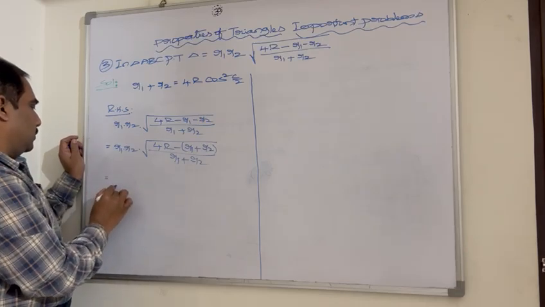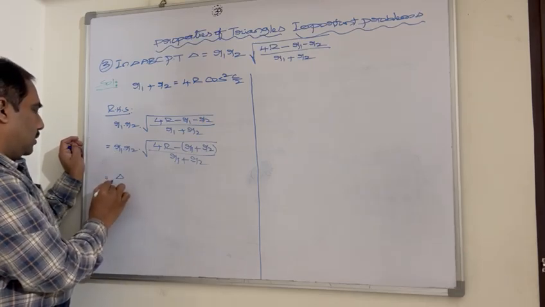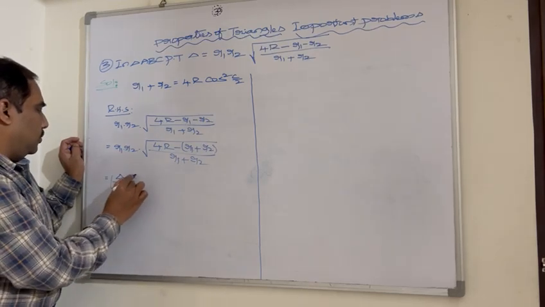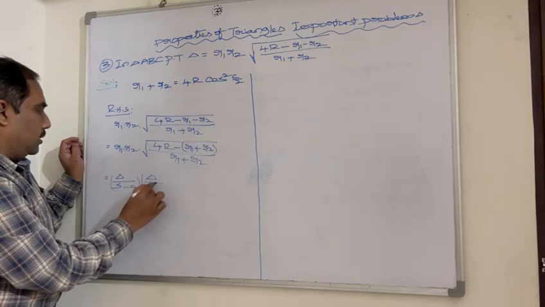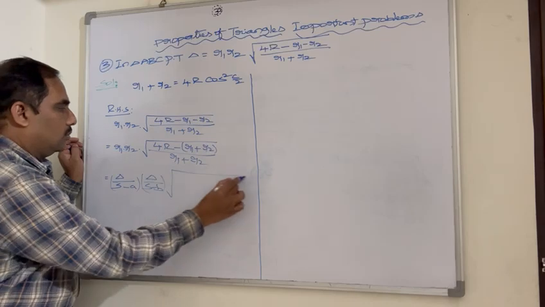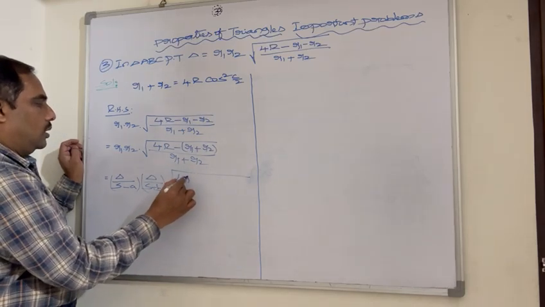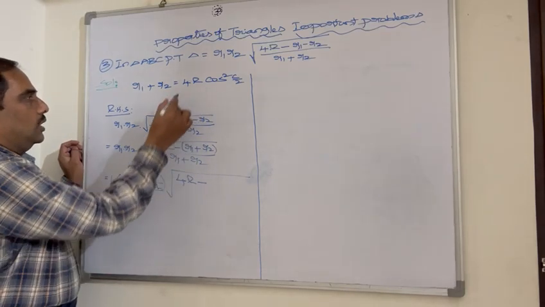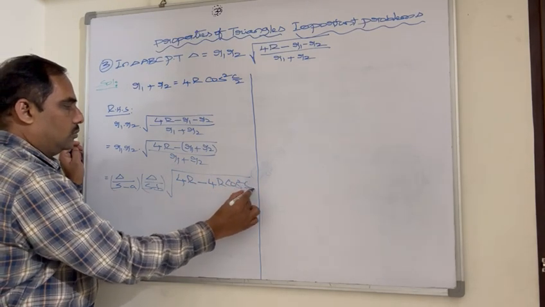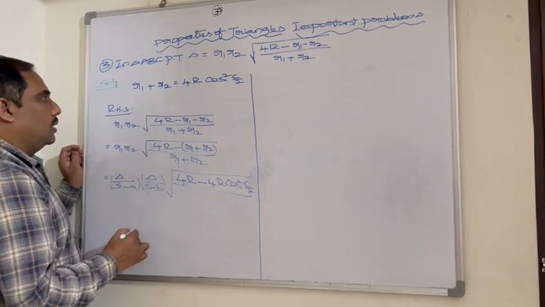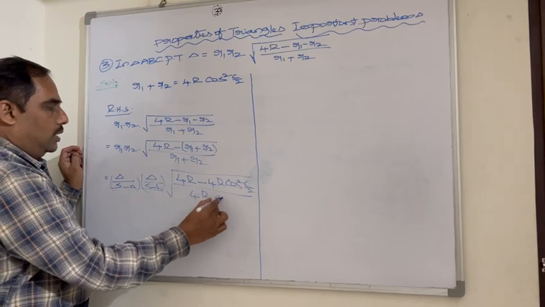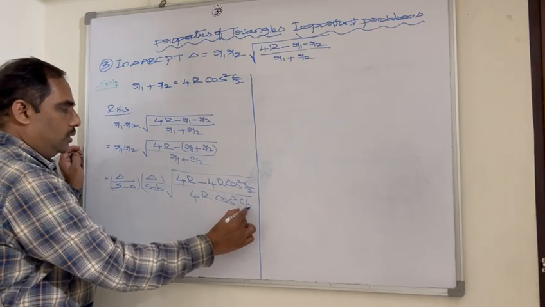So now, for this R1 R2, writing delta by S minus A into delta by S minus B into root over 4R minus, so here R1 plus R2 is 4R cos square C by 2, whole divided by, in the denominator also replace R1 plus R2 by 4R cos square C by 2.